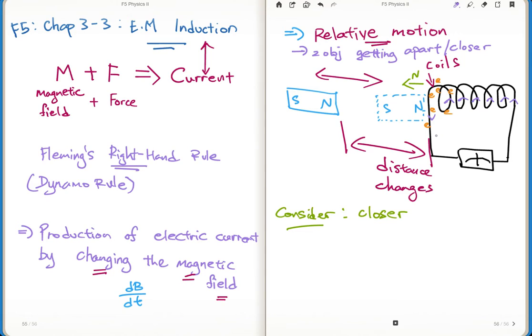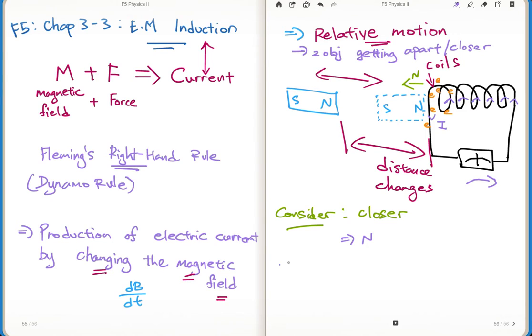Okay? Current giving you a north. You get closer, then here would be north pole. Therefore, the needle will turn to the right.